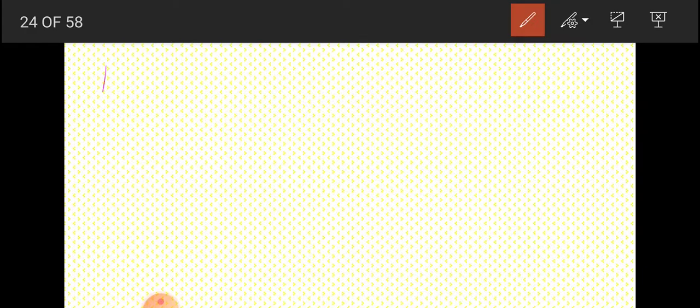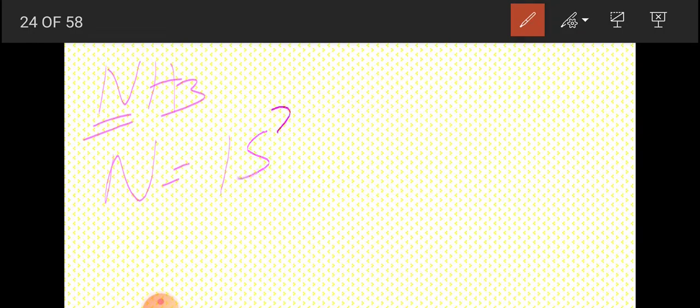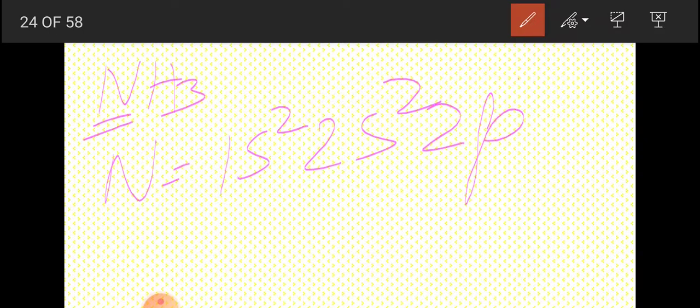In ammonia, what is the central atom? Nitrogen is the central atom. It is in group 15 and has 5 electrons in the outer valence shell. Let's see the electronic configuration of nitrogen: 1s2, 2s2, 2p3.